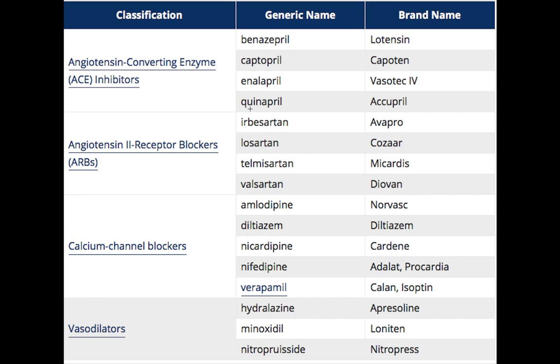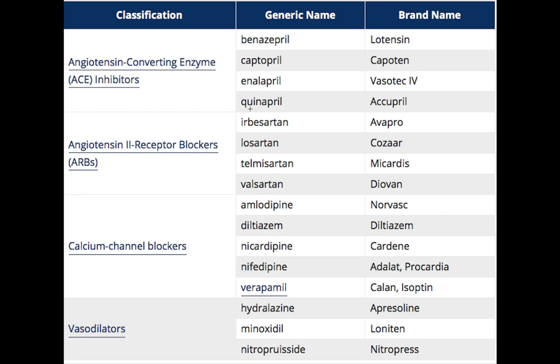As you all know, the mechanism of these two drugs, ACE inhibitors and ARBs, is that they block the renin angiotensin aldosterone system. The function of this system, in basic terms, is to help retain water and sodium. ACE inhibitors block the conversion of angiotensin 1 to angiotensin 2.